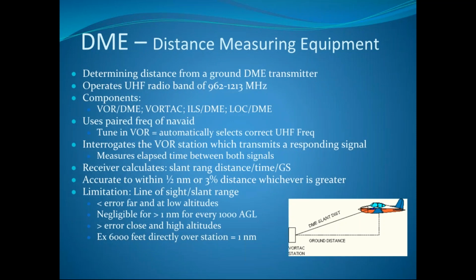The different times that we'll see a DME is when we see a VOR DME, a VOR TAC, ILS with DME, or a localizer with DME. ILS and localizer are used in instrument approaches. The VOR DME and the VOR TAC are en route environments.